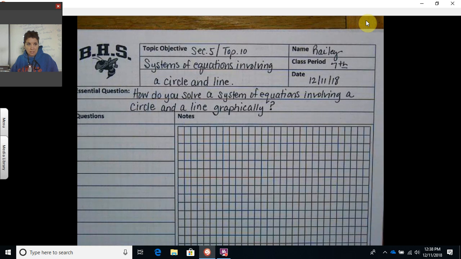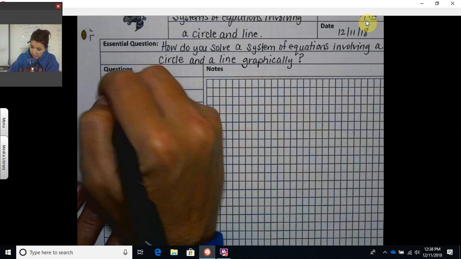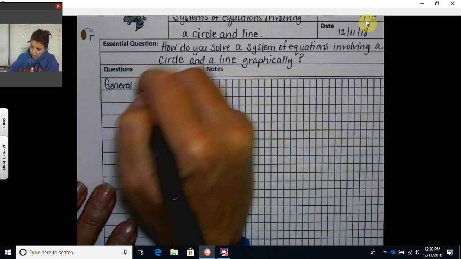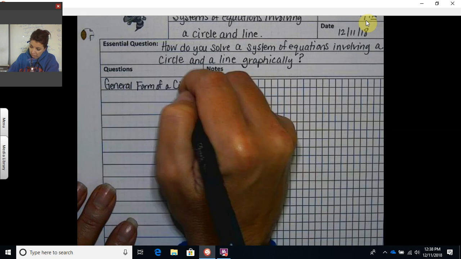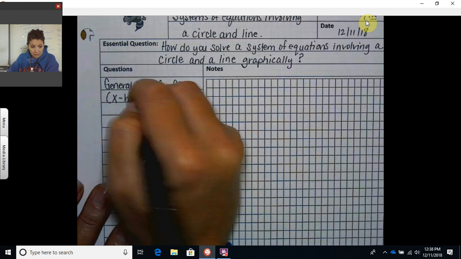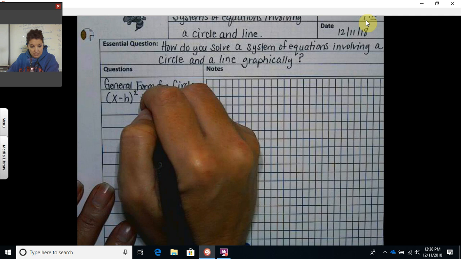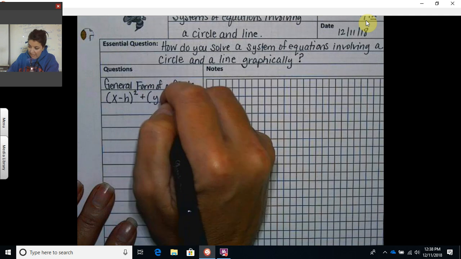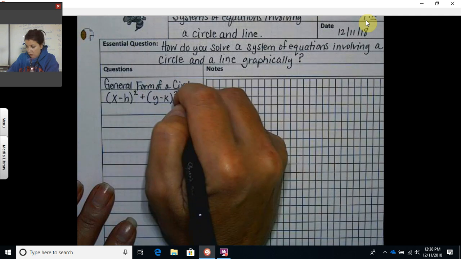All right? So first thing we need to know is the general form of a circle. It is (x minus h) quantity squared plus (y minus k) quantity squared equals r squared.